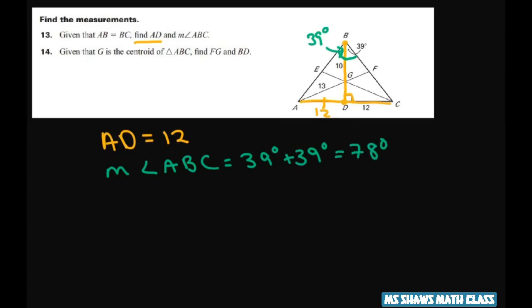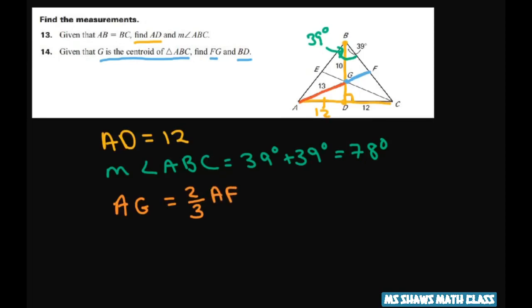All right. Now, given that G is the centroid of ABC, find FG and BD. So let's go with FG. FG is this one right here. So what I'm going to do first is find this total length. And we're going to use our theorem. Our theorem states that AG equals 2/3 of the total length, which is AF.